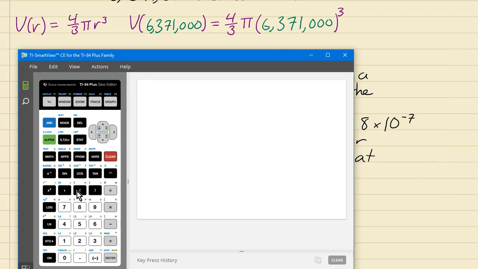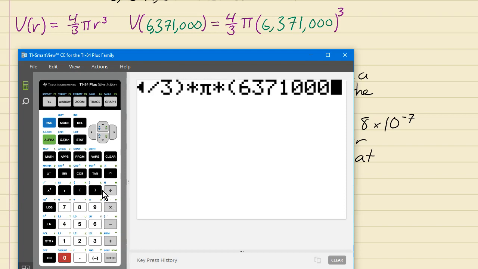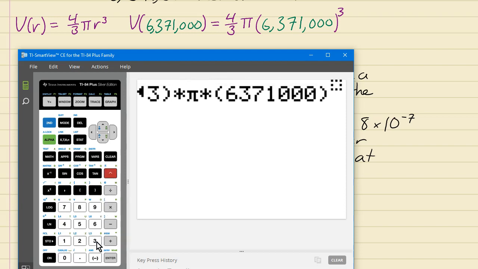We're just going to do the fraction 4/3 times pi. Pi, you get that by doing shift and then the caret symbol there, times 6,371,000, all to the power 3.